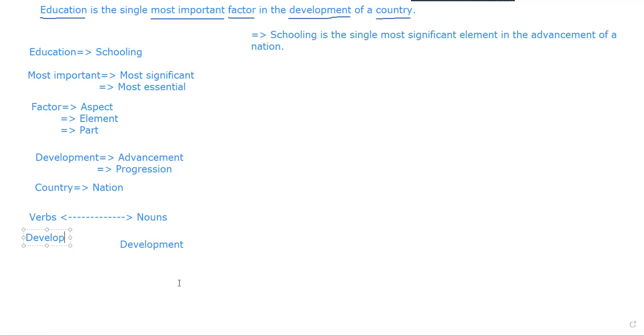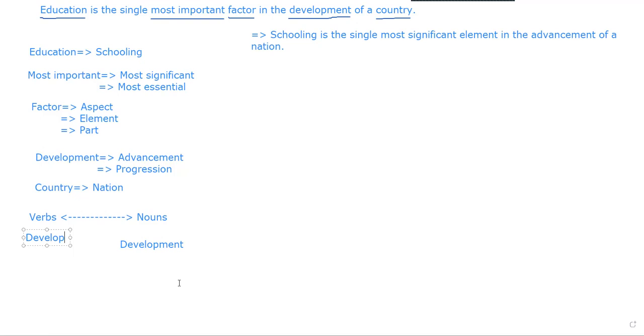or to progress a nation. Instead of the nouns advancement, progression, okay, you can use the verbs. Okay, to develop a nation, or to develop a country, to advance a nation, to progress a country.